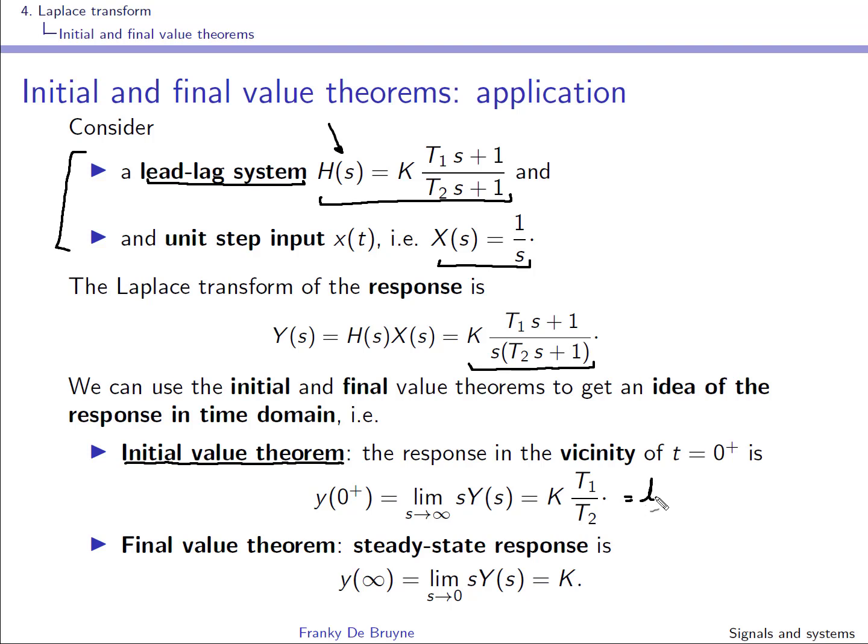So it's the limit when s goes to infinity of k (t1 s plus 1) over (t2 s plus 1). And you remember, if s takes large values in the denominator and numerator, it's as if you can forget this 1 over here, and you can see that the limit will indeed be k t1 over t2.